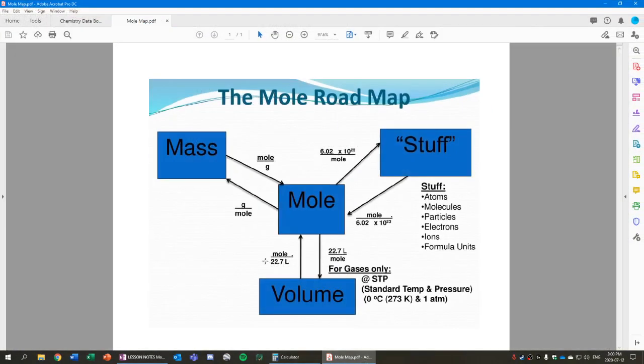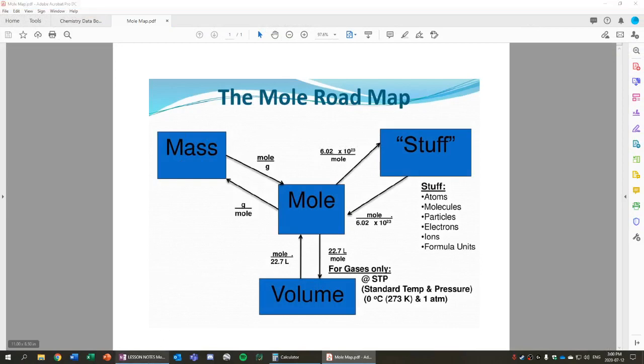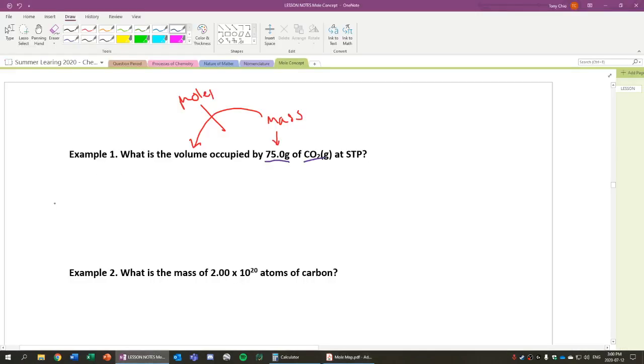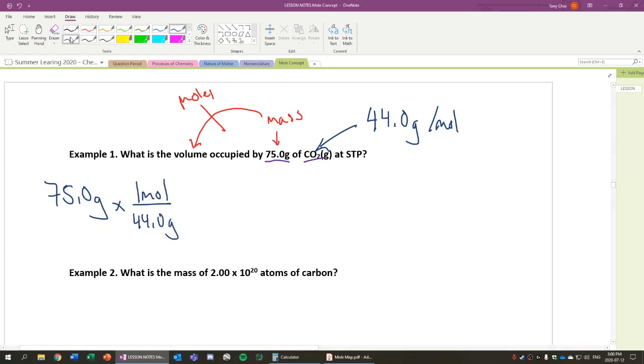Using the molar mass of CO2, which should be 44.0 grams per mole. So you have 75.0 grams times moles on top and 44.0 grams on the bottom, because that will cancel my grams.